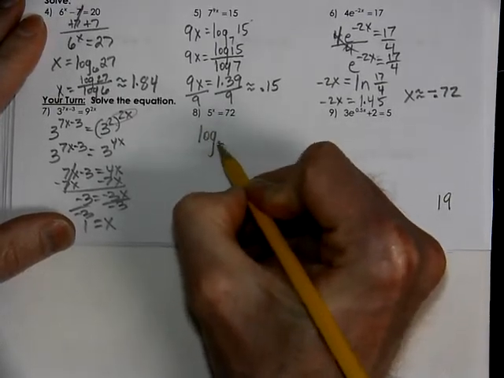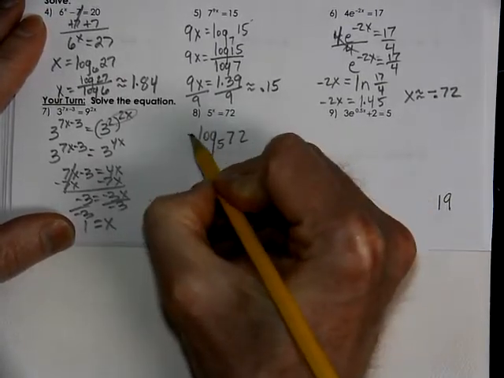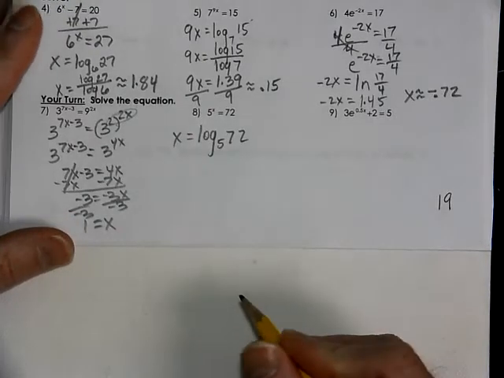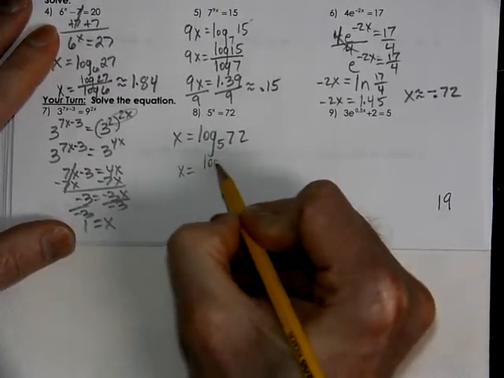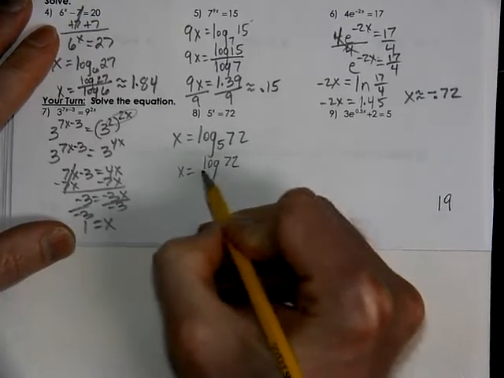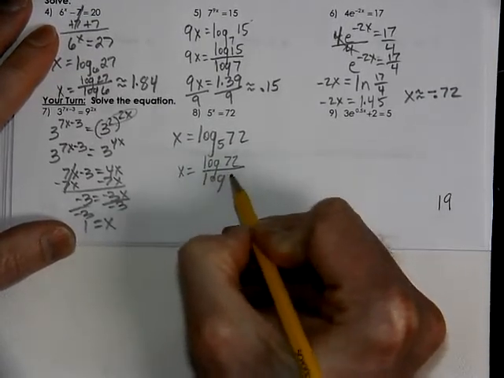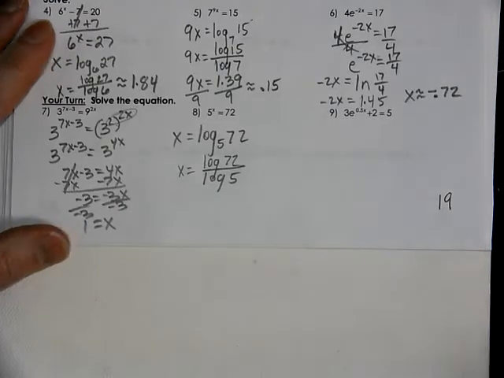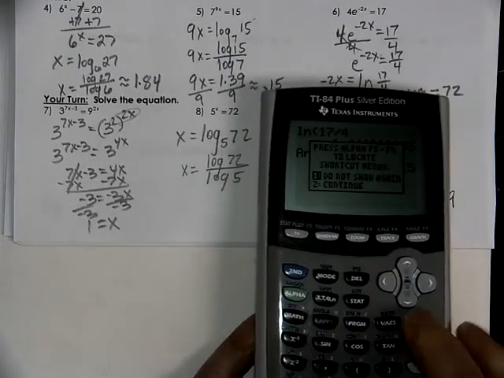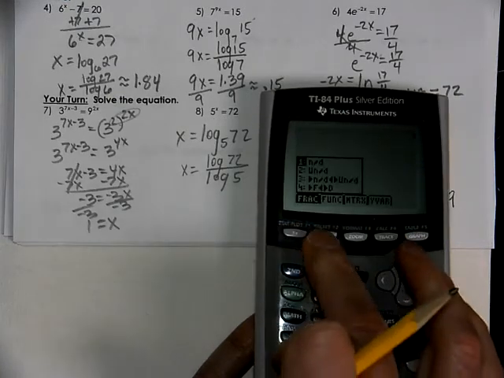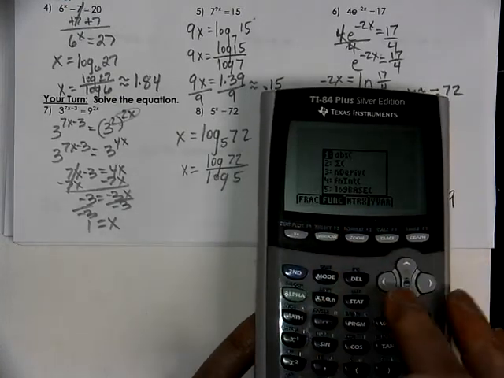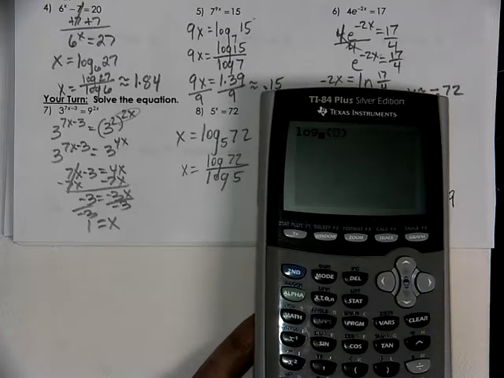Here we have log base 5 of 72 equals x. So we write our change of base formula, which always puts the base into the denominator. If you like to use the alpha y equals to go over to the log base option, you're welcome to do that.